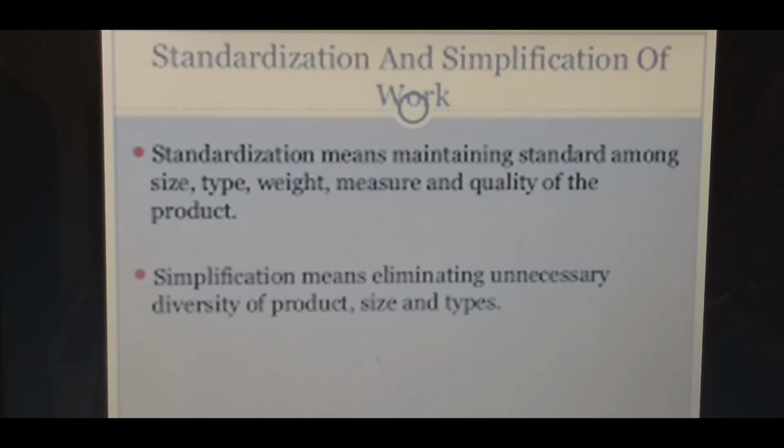So he said that that will lead to wastage of unnecessary, putting the money on those machines or materials, which will be wastage of money for the company. So he said that all the unnecessary varieties, sizes, grades of product should be eliminated, and there should be simplification of work.